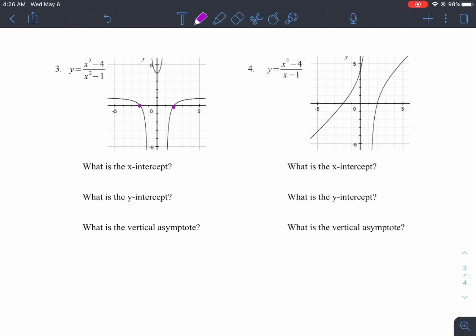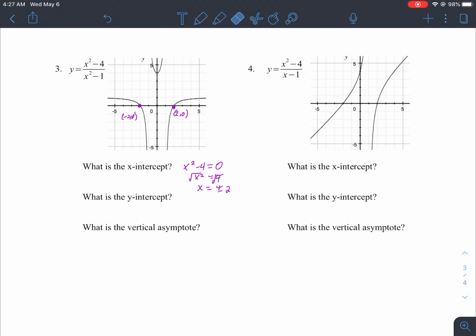So they're the points 2, 0, and -2, 0. So how can you get a fraction equal to 0? It would be the numerator. If the numerator equals 0, the fraction would be 0. So you can add 4 to both sides, and then square root, and you get plus or minus 2. It works.